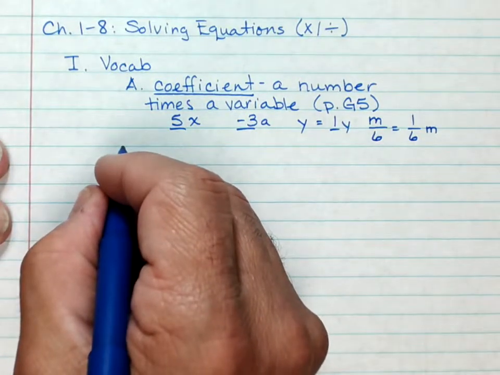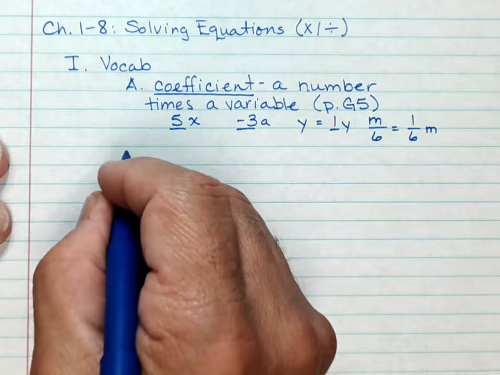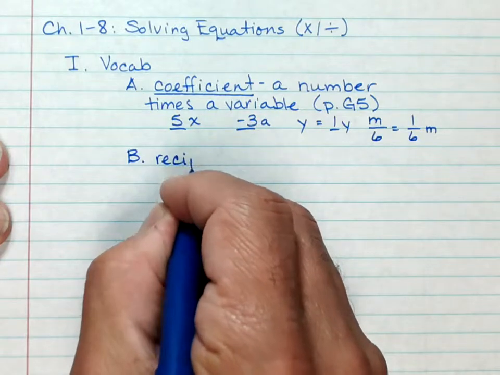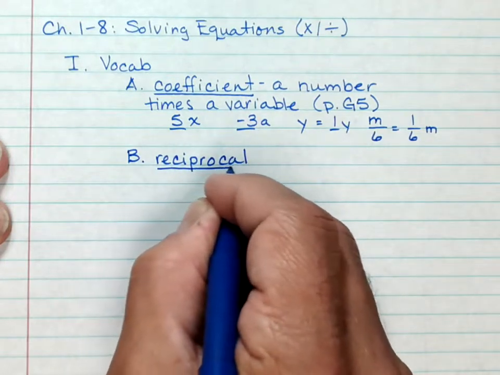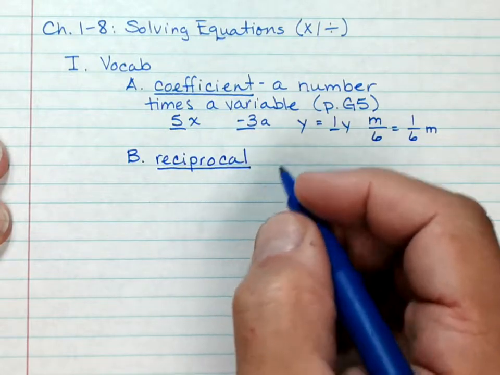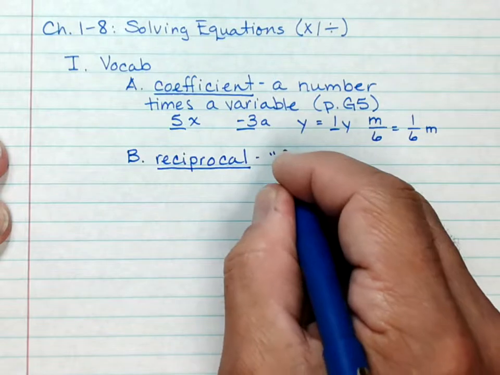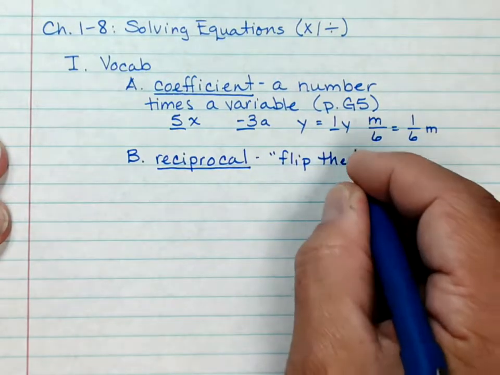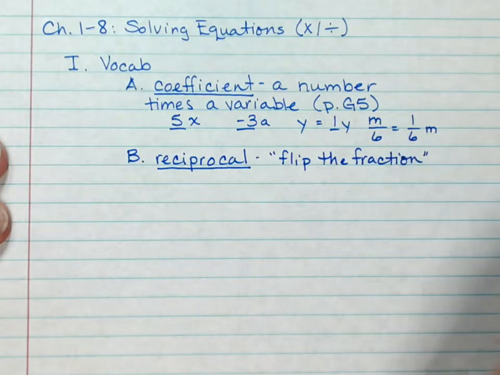The other word would be reciprocal. And again, in short, what we thought in class was flip the fraction. Is there more to it than that?